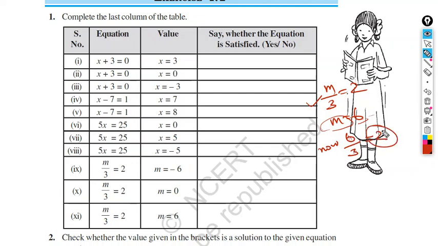So 2 is equal to RHS. Therefore, this equation satisfies. So you can write here yes.